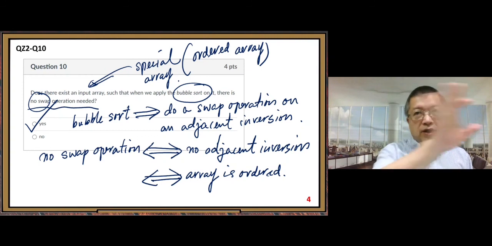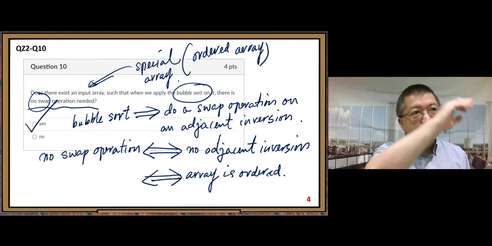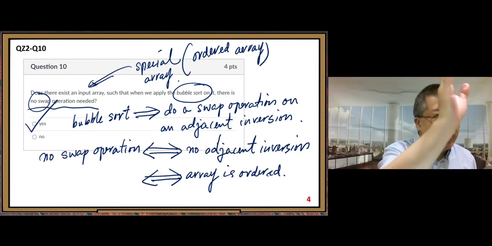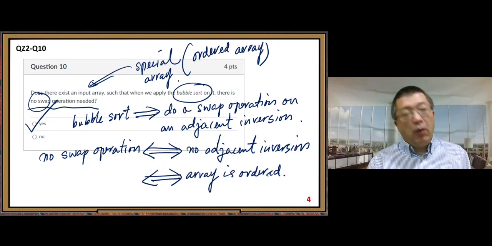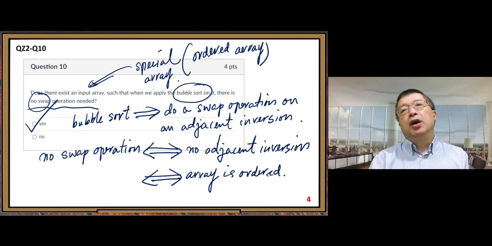All right, so we complete the explanation for the quiz 2 questions. I will still do quiz 3, but after you submit it. So you need to submit quiz 3 questions first.